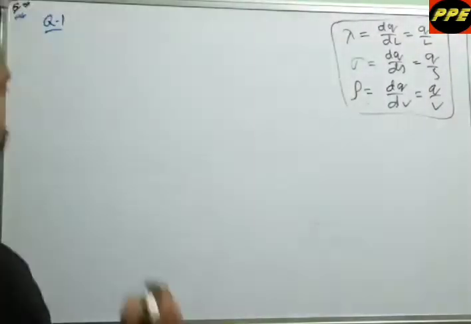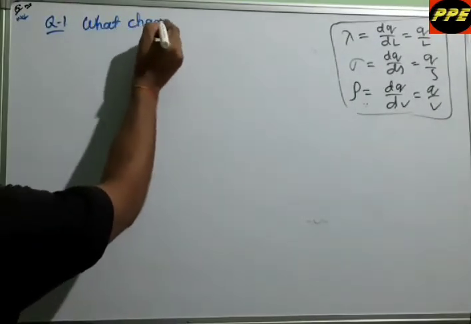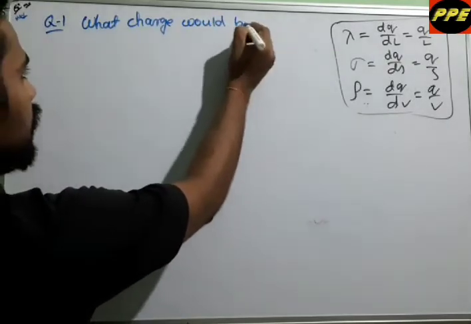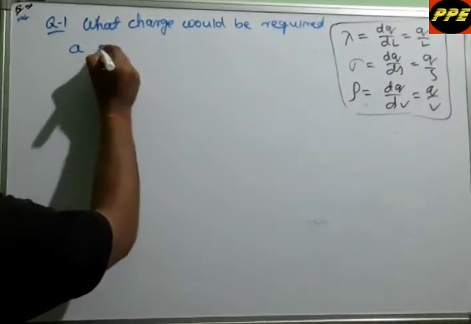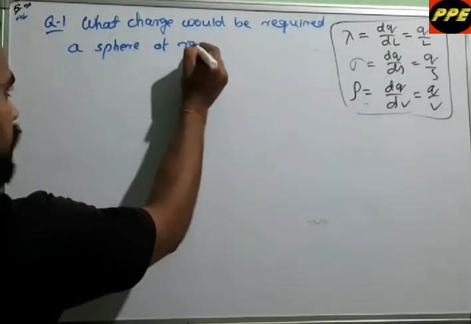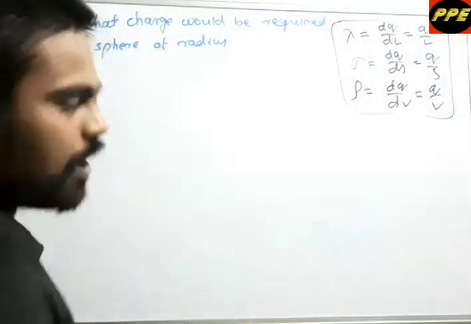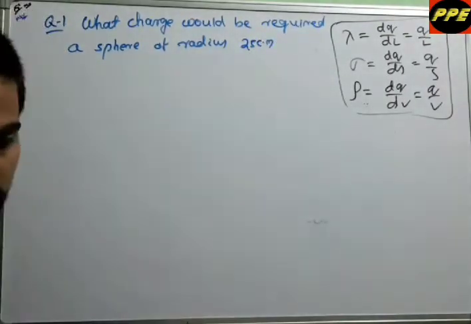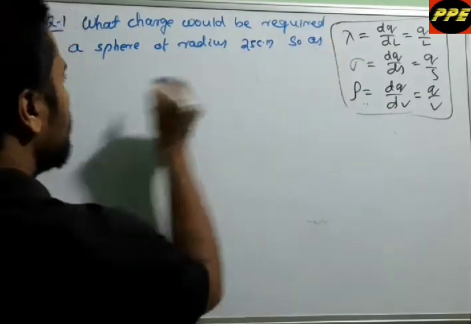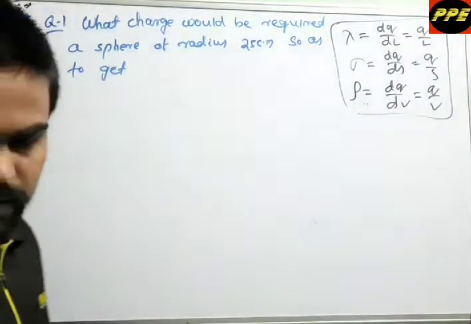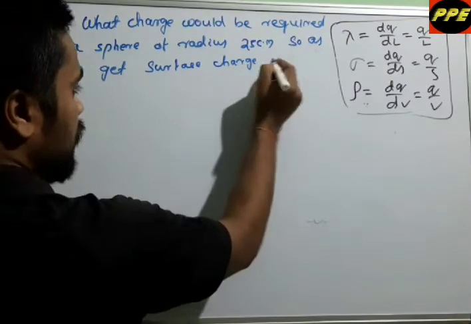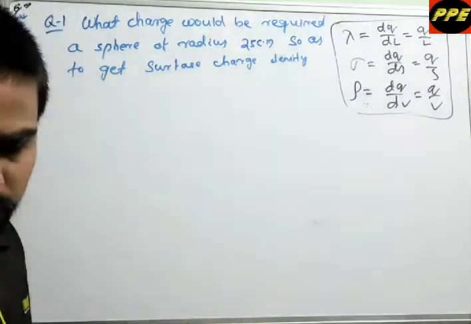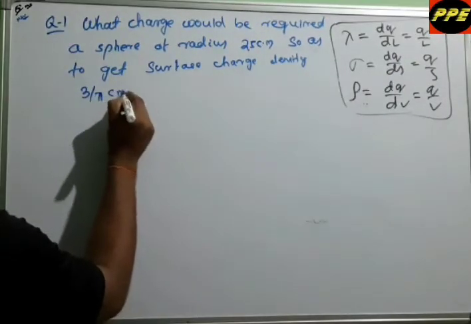What charge would be required for a sphere of radius 25 centimeter so as to get a surface charge density of 3 by pi coulomb per meter squared? Okay, that much of the question is given.